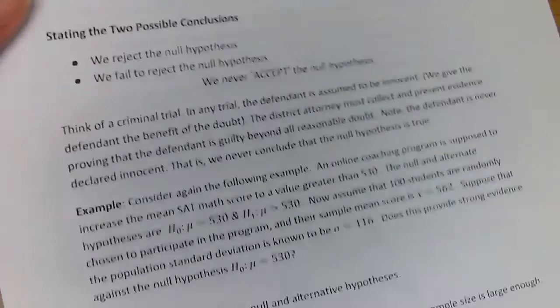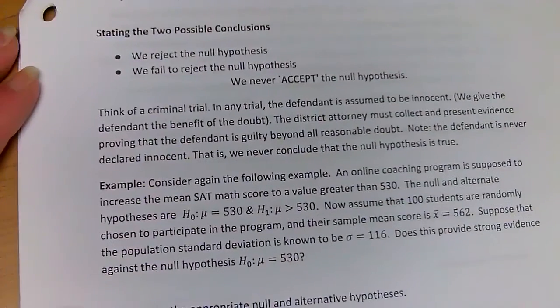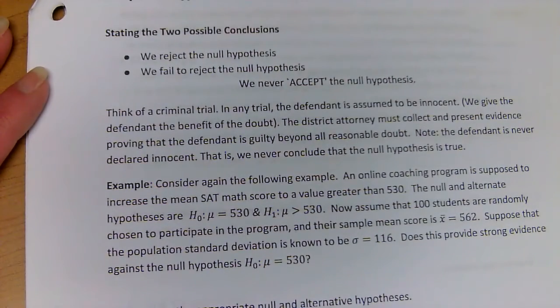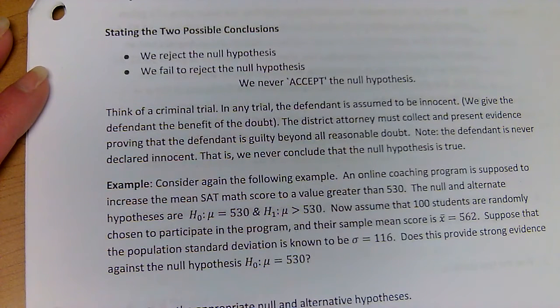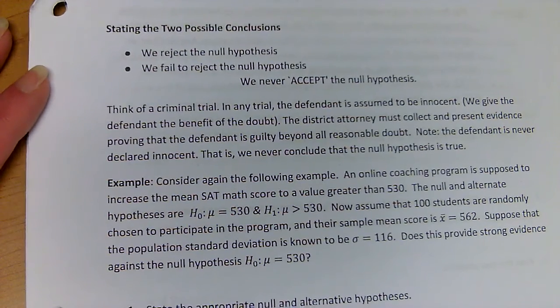So remember that we have two possible conclusions. We reject the null hypothesis or we fail to reject. We never accept the null hypothesis. We already assumed it was true. Court case, a defendant is assumed innocent until proven guilty. The defendant is never declared innocent.